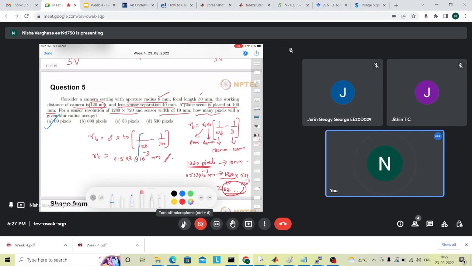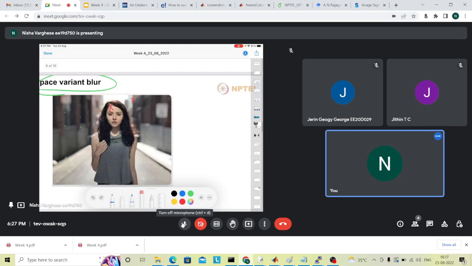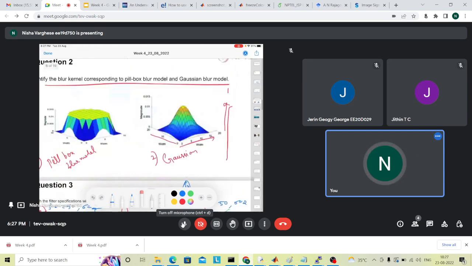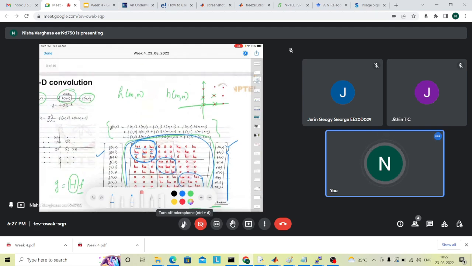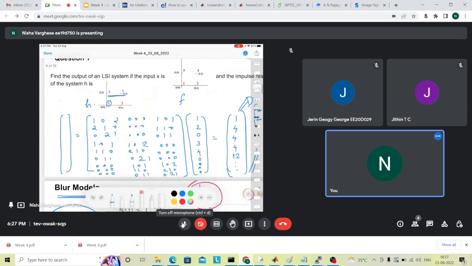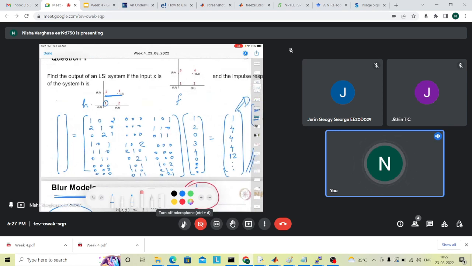For those who came late, I explained about 2D convolution. Its equation is already given in the lectures. I have given one question, question 1, to find the output for a particular input, and the impulse response is also given. You have to convert that impulse response to a block circular matrix.